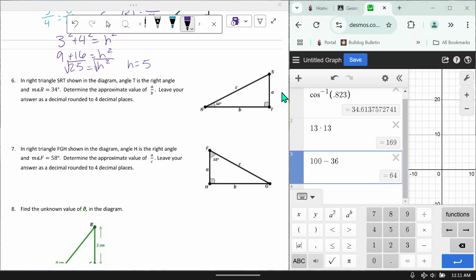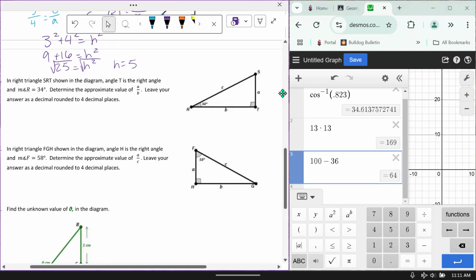Okay. So we were determining the approximate value of A over B in reference to our 34 degrees. So what we want to do when we first look at this is look at what our A is in reference to the 34. It is the opposite. Our B in reference to the 34 is adjacent.